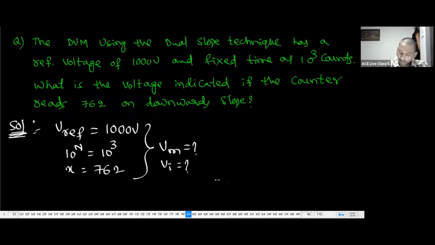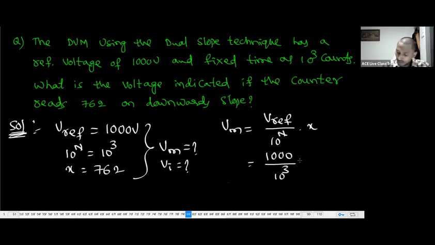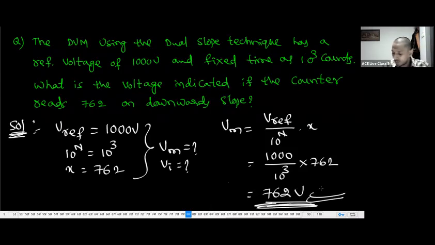So Vm equals V reference by 10 power n into X, which is 1000 by 10 power 3 into 762. So the answer is 762 ohm. It means we have been given 762 ohms as the unknown value. That's a simple point.